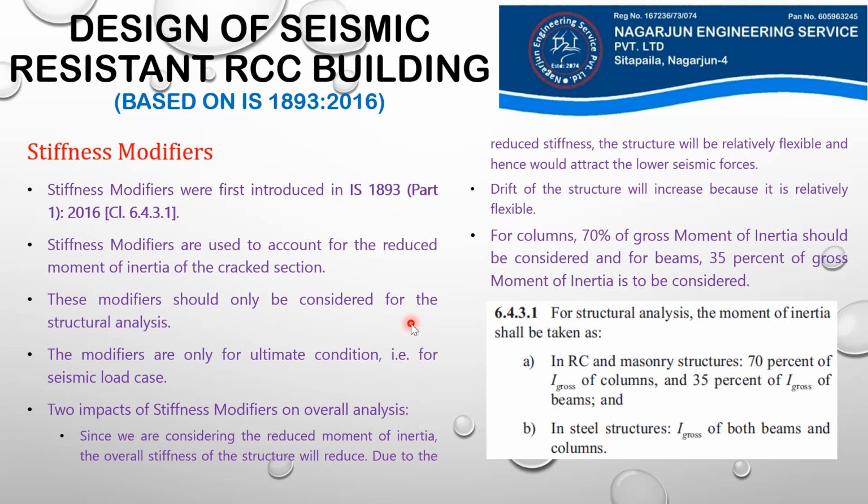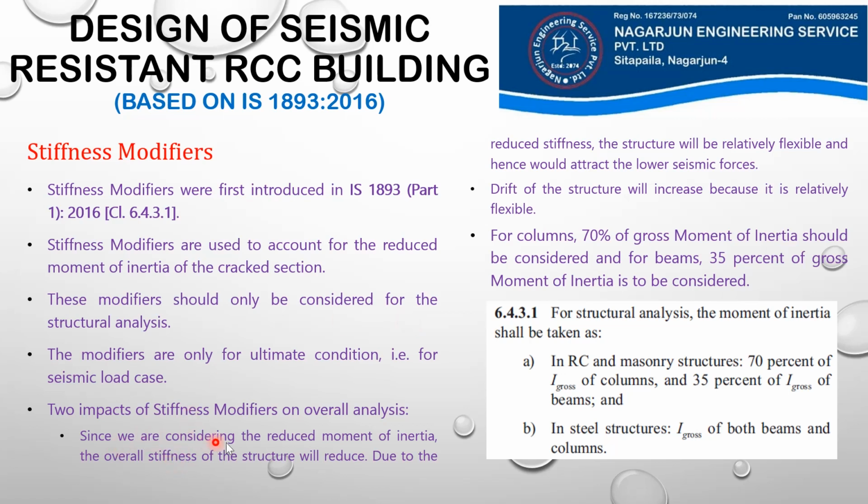So what effects do we see in the building when we introduce stiffness modifiers? The first is that the gross stiffness of that element is reduced. Due to the reduction in stiffness, the structure becomes relatively flexible, and that means the structure will attract lower seismic forces.